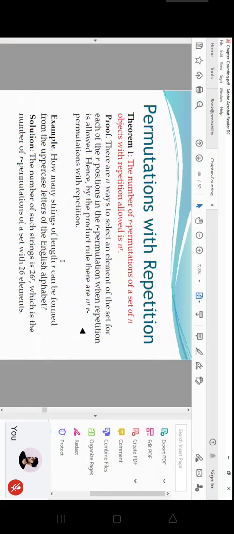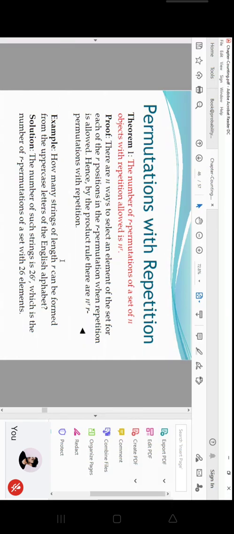So n places are there, and within those n places you can put that first element anywhere. So how many options are you getting? n options to arrange that first element. Any of the n positions you can utilize to place the first element.